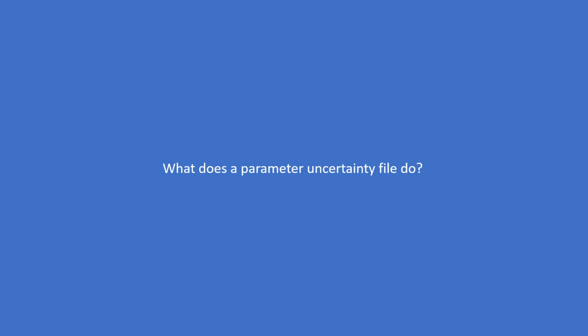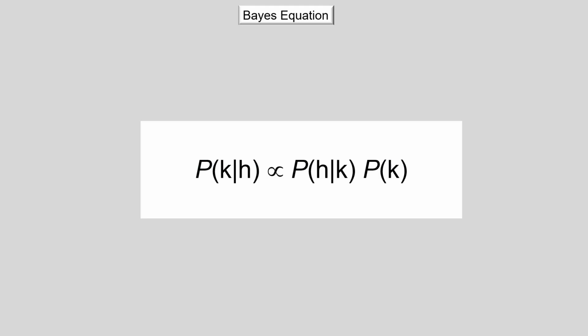Before talking about the details of a parameter uncertainty file, let's just spend a few moments talking about why it exists, what's in it. To do that, we need to talk about Bayes' equation, and I'm sure you're familiar with Bayes' equation. Bayes' equation describes what history matching does. We start off with a prior probability distribution of parameters.